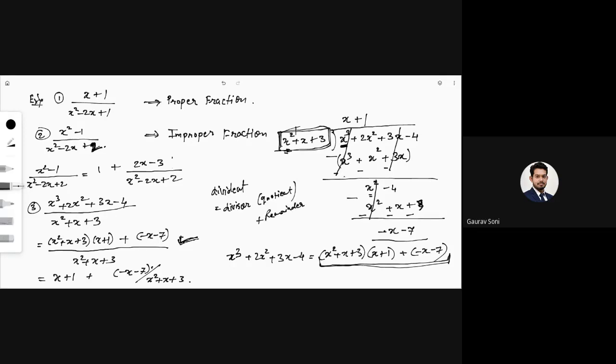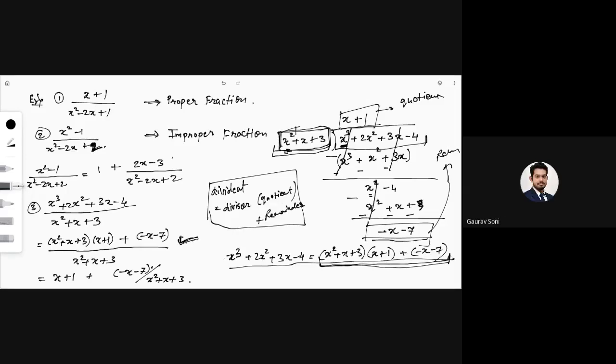In this case, what is dividend? Dividend is this. It is equal to, what is the divisor? X square plus x plus 3. This is your quotient. And minus x minus 7, this term is the remainder. So I've just used this formula. By this formula we get this. And I have substituted that here. And I have separated the denominator. Okay.